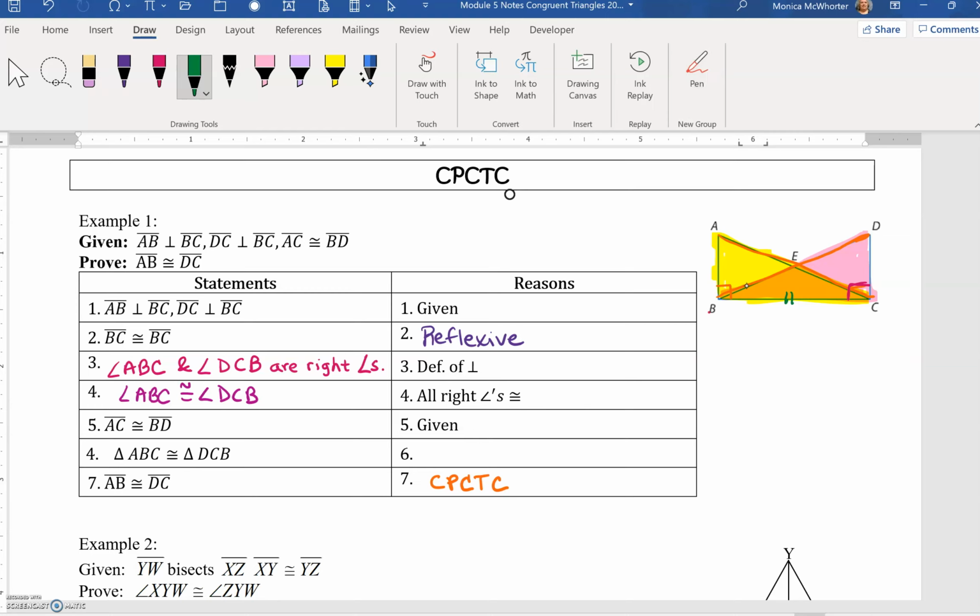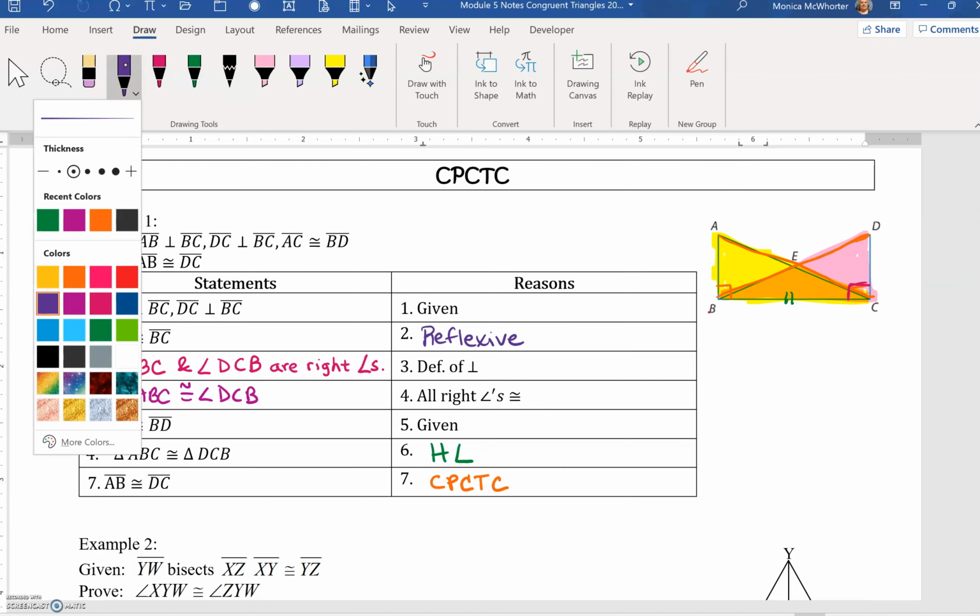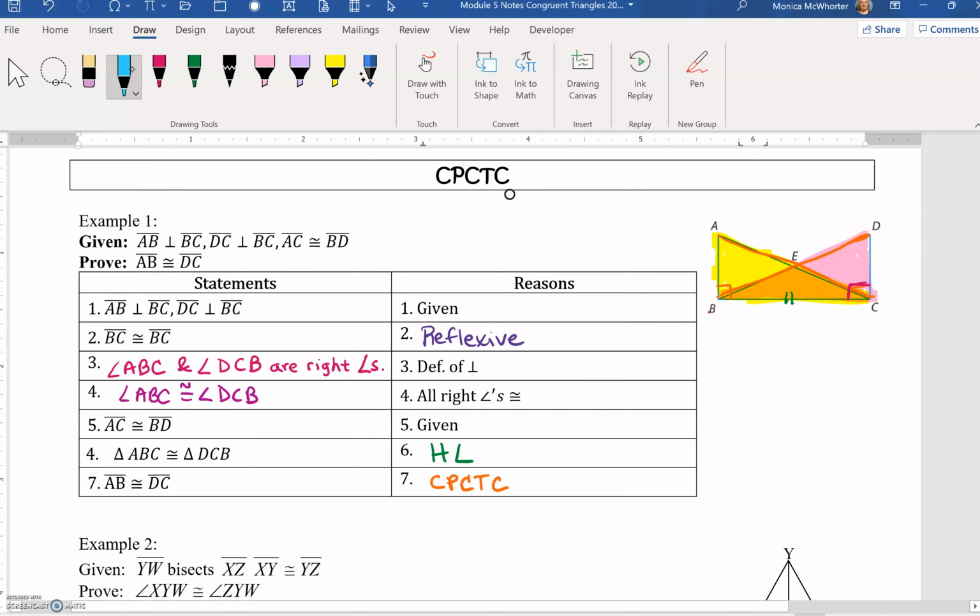So we have the hypotenuse and the leg of a right triangle congruent in two different triangles. That is our reason that those two triangles are congruent. And then our last statement would be that AB is congruent to DC because of corresponding parts of congruent triangles are congruent.